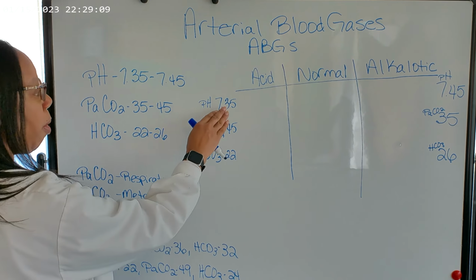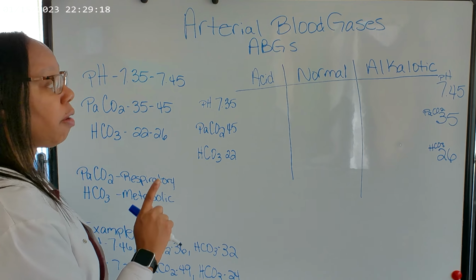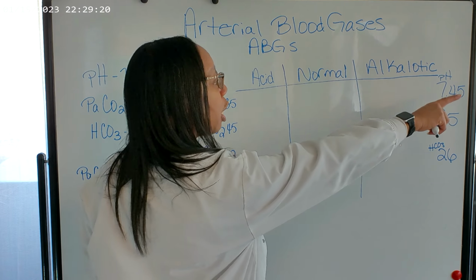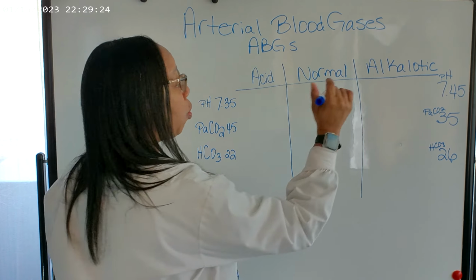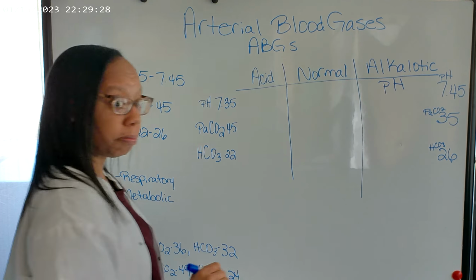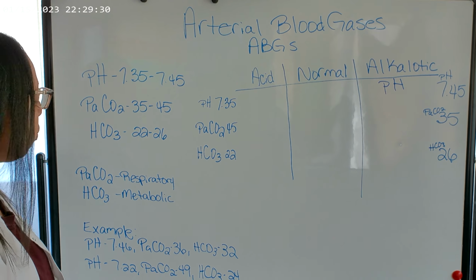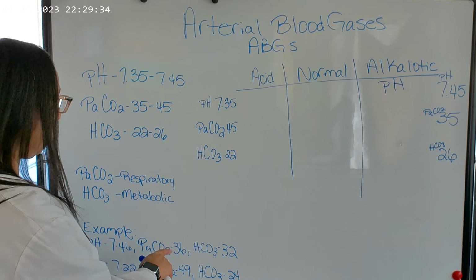Remember we said below 7.35 is acidic, above 7.45 is alkalotic. So if our pH is 7.46, it's going to be above our 7.45 mark, which will make our pH alkalotic, right?